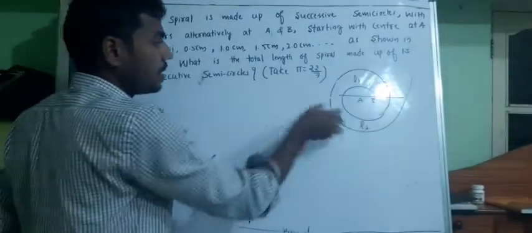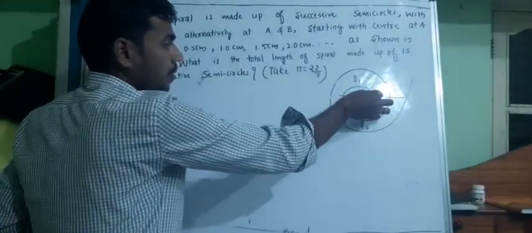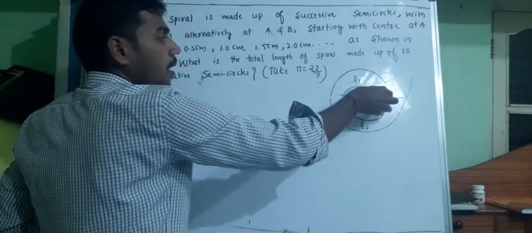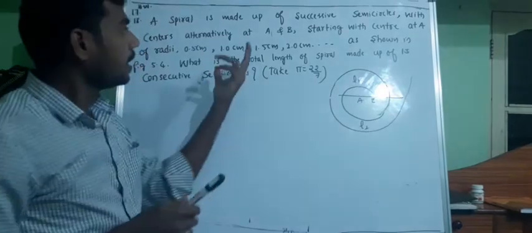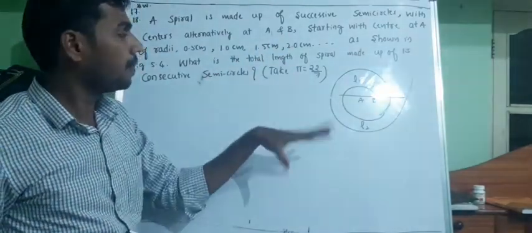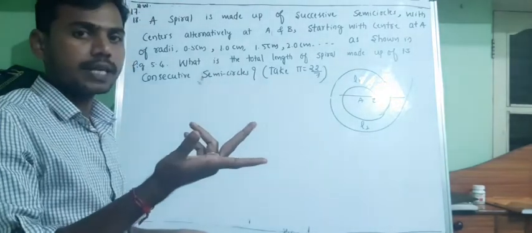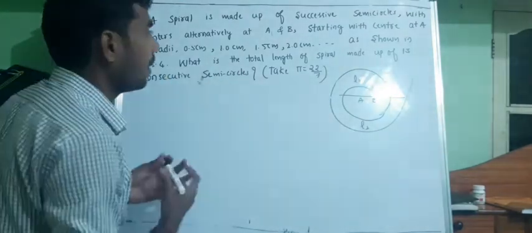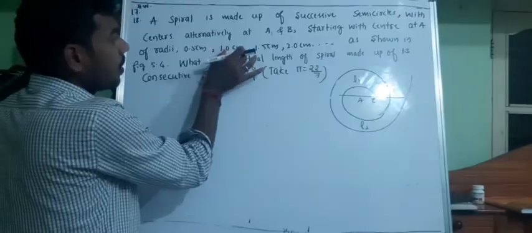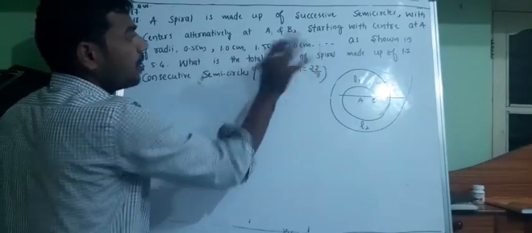Next 1 centimeter, so from here it will be 1.5. Again the center will change. Once it will be A, second time it will be B. So alternately it will change from A to B, B to A. Now the radii is 0.5 centimeter, 1 centimeter, 1.5 centimeter, 2 centimeter as shown in the figure.